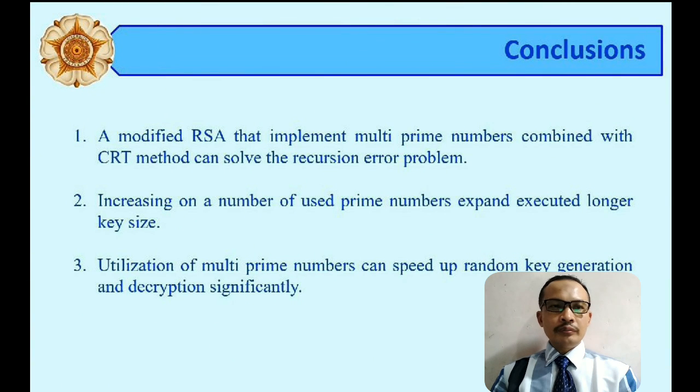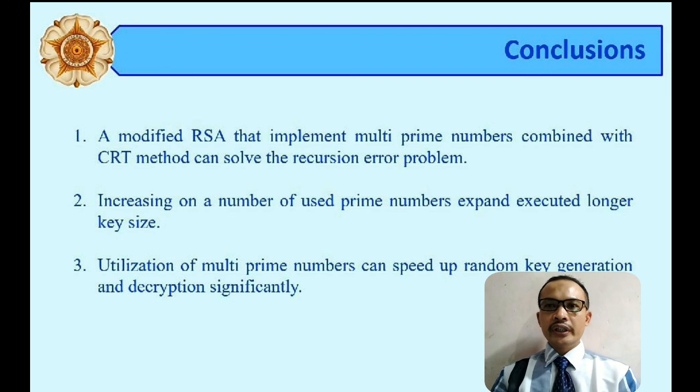So from our presentation, we can conclude our research. First, a modified RSA implementation using multi-prime numbers combined with the Chinese remainder theorem method can solve the recursion error problem that we found in our Python 3 programming.